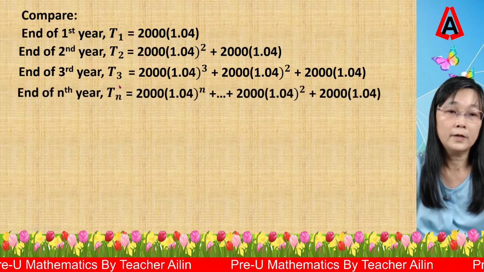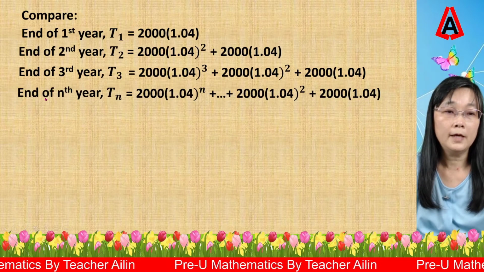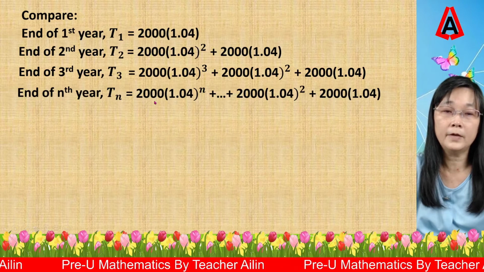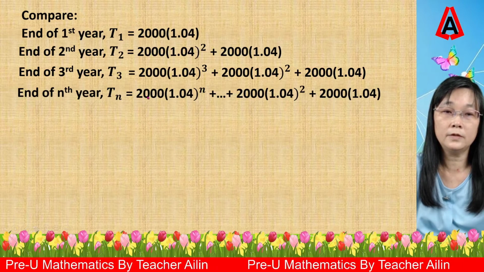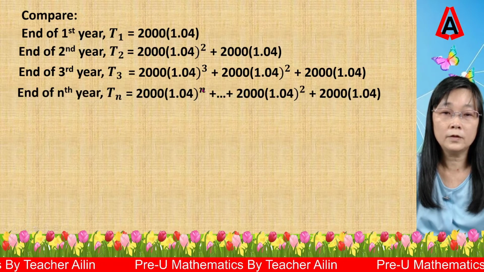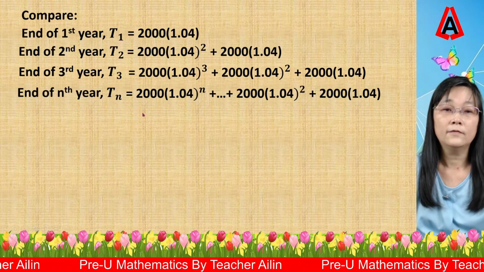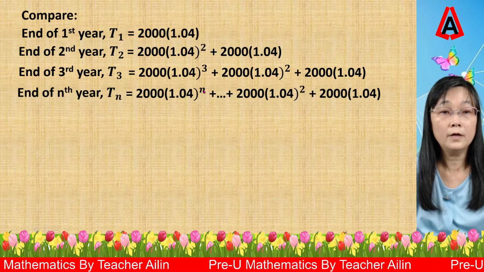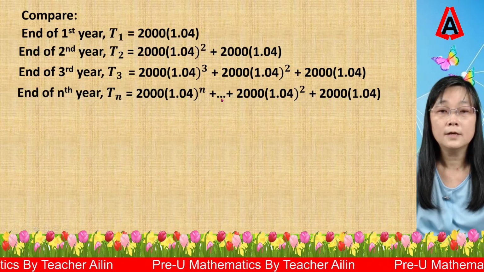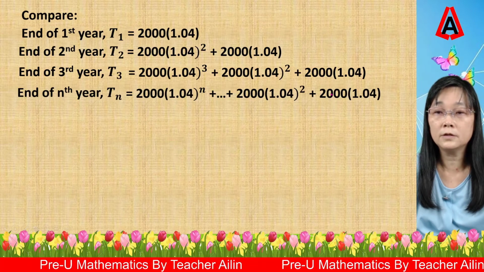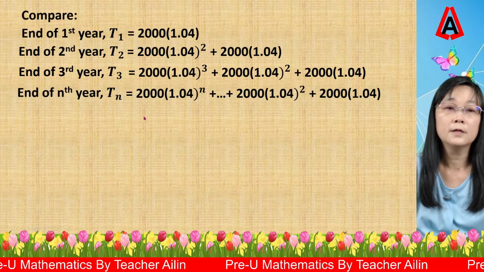And if I continue, at the end of n years, I can predict that the amount of money in the bank should be 2000 times 1.04 power n followed by 2000 times 1.04 power n minus 1, then continue up to power 2, continue up to power 1.